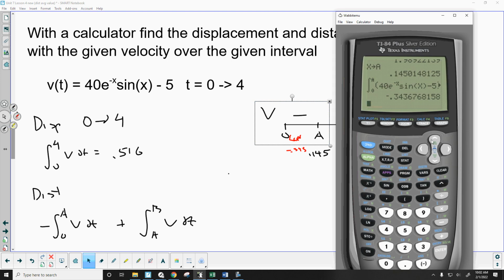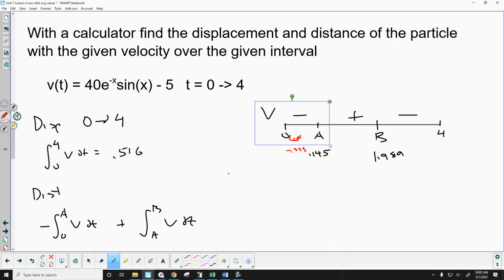Okay, so let's go from A to B, and then I get to go from B to 4. It's showing you how, you know, it's a little bit involved, a little bit intense, but it'll be fine. So I'm going to go right 9.009. That's that displacement. And then I end up going left from B to 4.